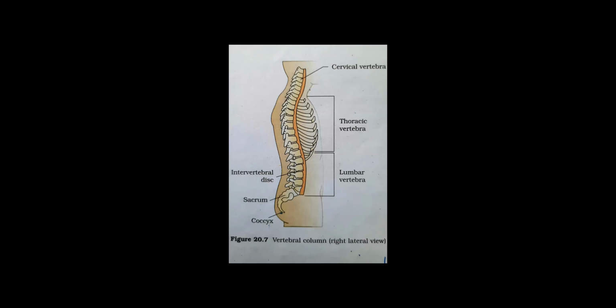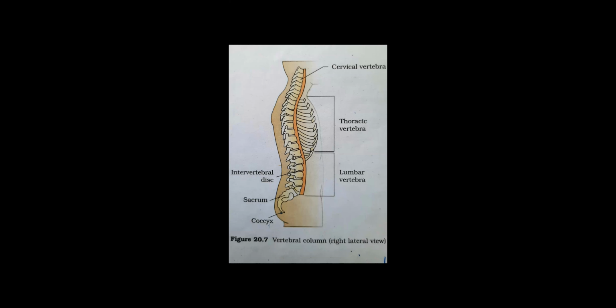First of all, a textbook diagram to give you an idea about what is called the vertebral column. It's a part of the axial skeleton, mainly in the neck, thorax, and abdominal region, up to the hip region.